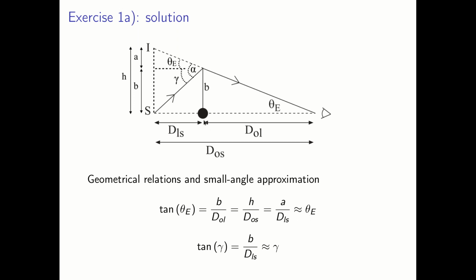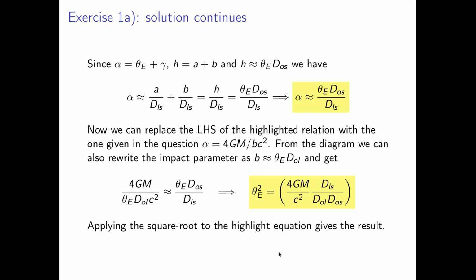We can do a similar reasoning for the angle gamma, which, again, from the triangle, we can define as the ratio between B and DLS. Now, again, using a small angle approximation, the tangent can be approximated by the angle itself.